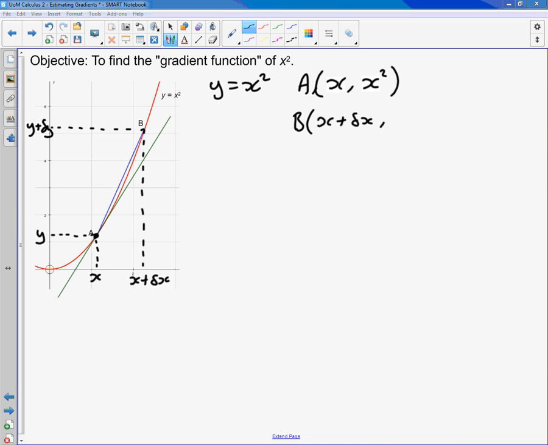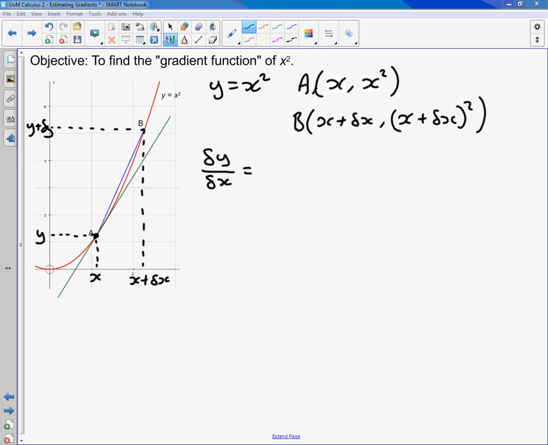But we know that the y coordinate is equal to whatever the x coordinate is squared. The x coordinate is x plus delta x, so the y coordinate is going to be x plus delta x squared. Okay. So then, the gradient of that blue chord is going to be delta y over delta x.